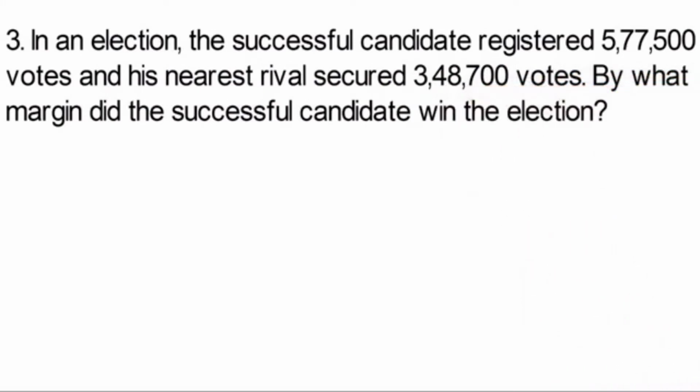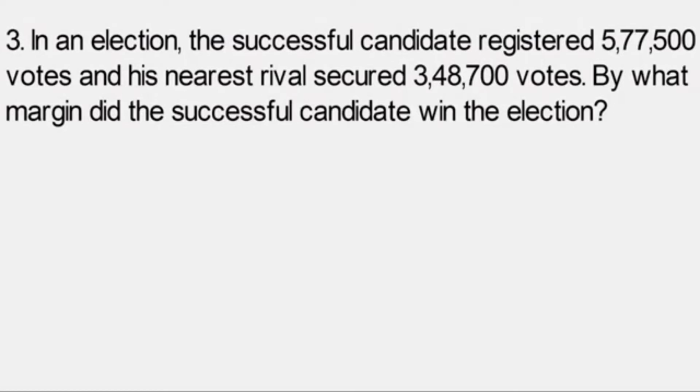What do we notice about this example? This is the example based on number of votes won by candidates. So in the first line, the successful candidate registered 5,77,500 votes. It means successful means the first candidate won over the rival.